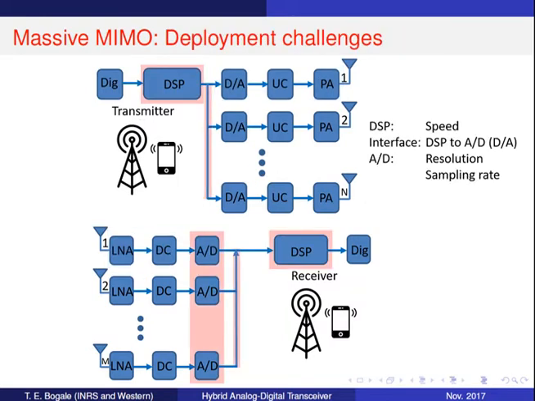Now, when the number of antennas is large, the cost and power consumption of the DSP units, the digital interfacing card connecting the ADC and DAC components with the DSP units, and the ADC units will be very high.